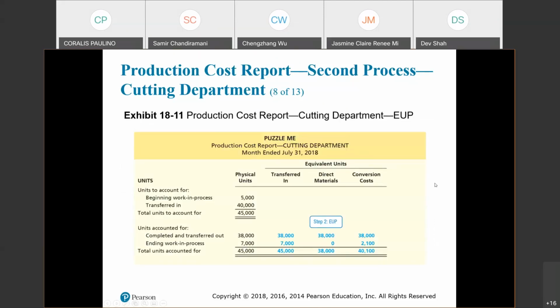So this is the second step. Second step, same thing, to compute outputs in terms of EUP.